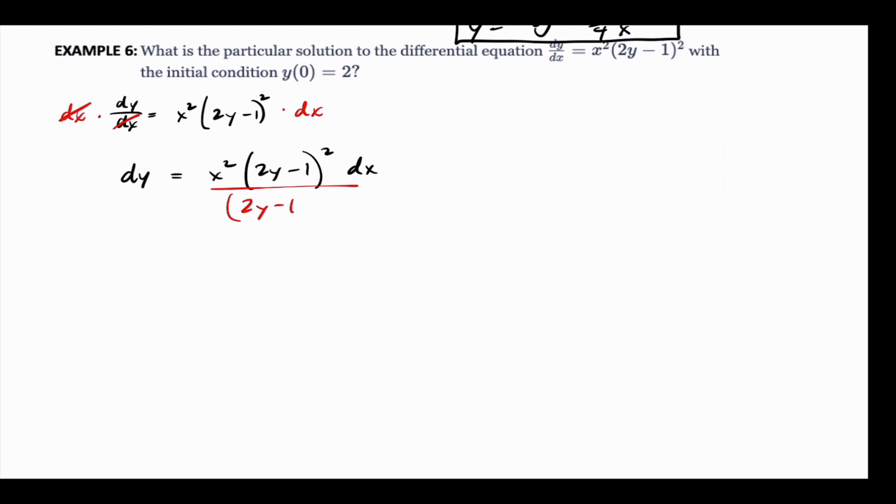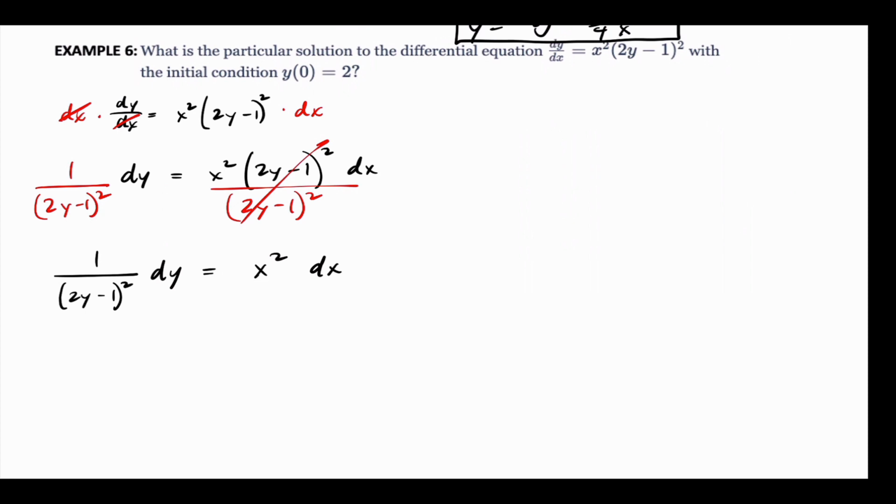All right. Divide both sides. So we end up with 1 over (2y minus 1) squared dy equals x squared dx.